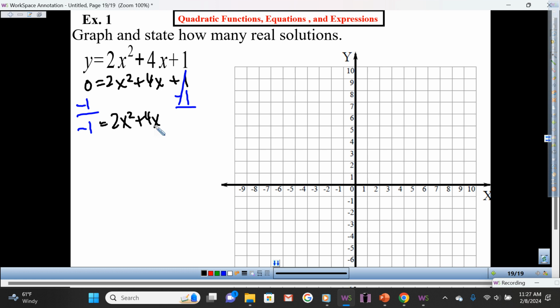At this point, I'm going to make this into a system. I'm going to take the constant and make g of x equals negative 1. Whatever's left over from the original is my f of x, which is 2x squared plus 4x. Write that down, please.